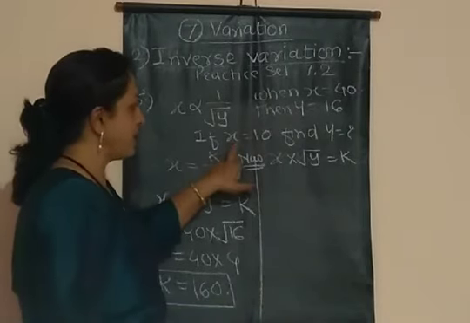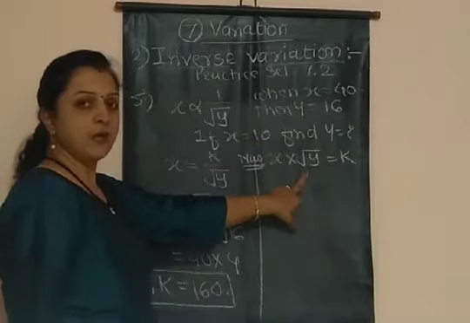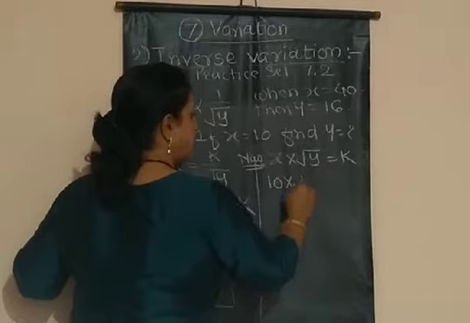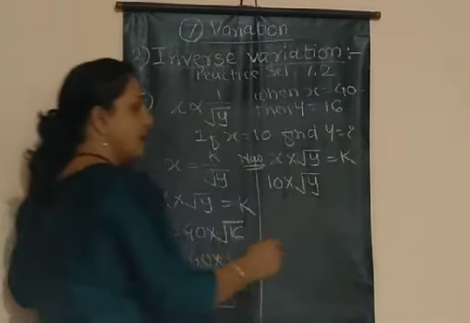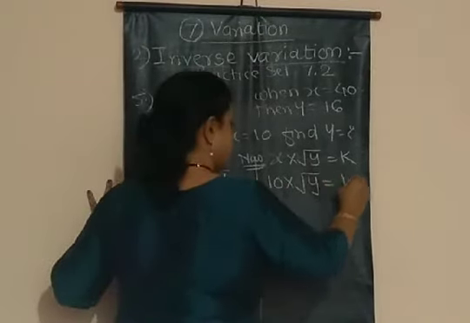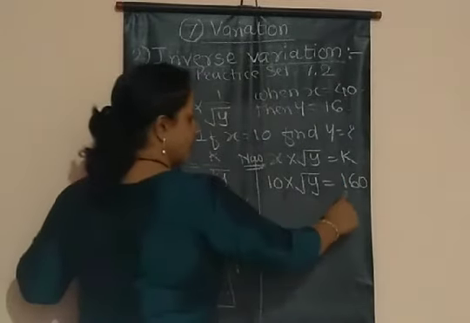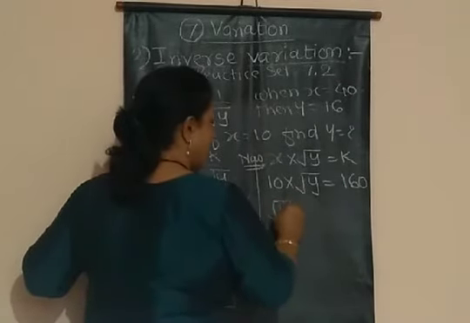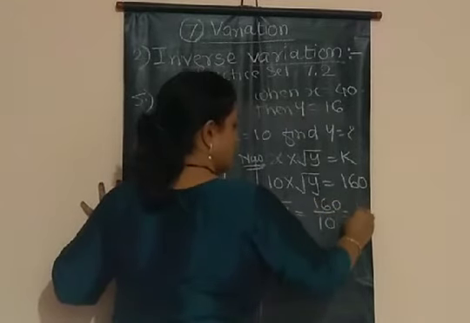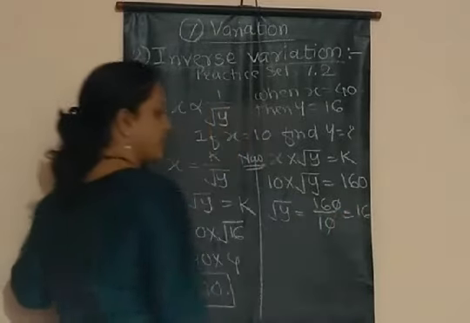And what is the value of x? That is 10 from this second case. And then you will get the value of y. So let us substitute x is equal to 10 multiplied by under root y as it is, because we have to find that value, and the value of k, that is 160. Then bring this 10 on this side. So we get under root y is equal to 160 divided by 10. How much? That 0 cancels, we get the answer 16.